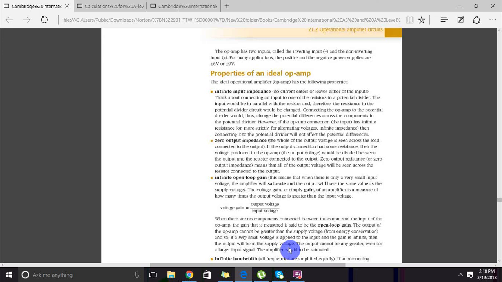And open loop gain is the gain when no components are connected to the output or the input of an op amp.